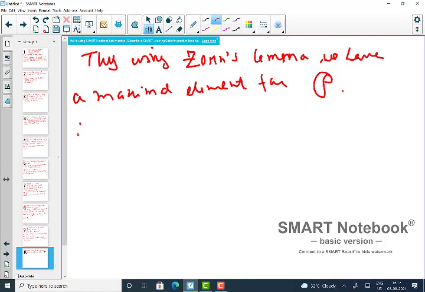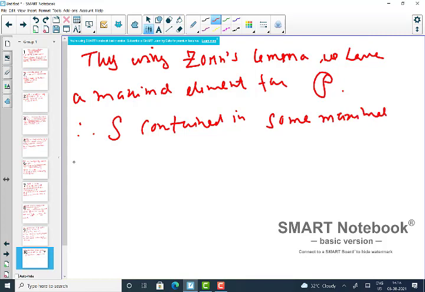So thus let's say S is contained in some maximal linearly independent subset of V. Okay, so this is the proof, and that has to be a basis, the maximal subset.